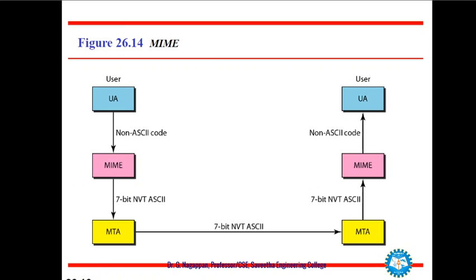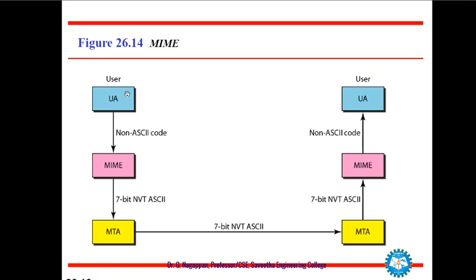So how does this protocol function? The Multipurpose Internet Mail Extensions protocol is the internet standard that extends the format of email messages to support text in character sets other than ASCII. For example, attachments like audio, video, images, and other application programs can also come from the user.